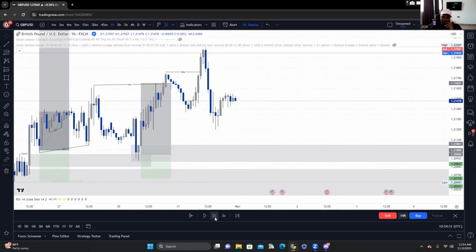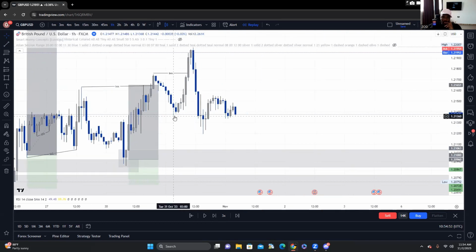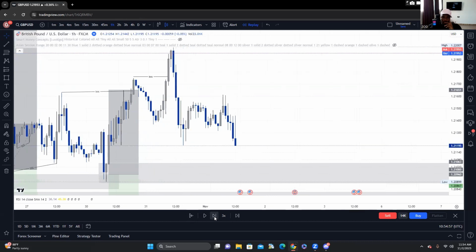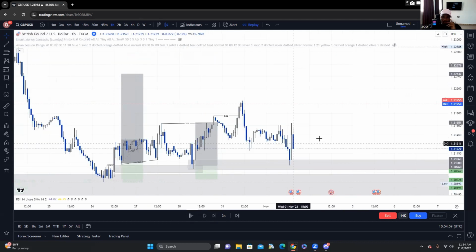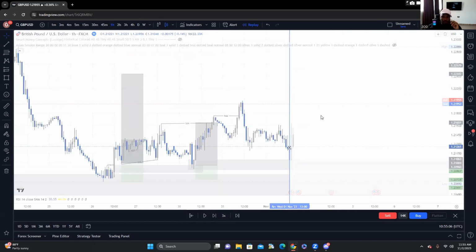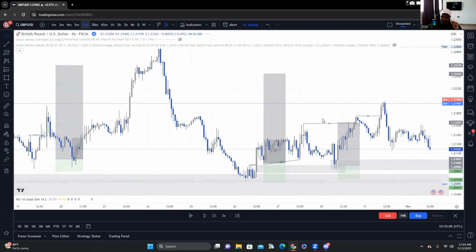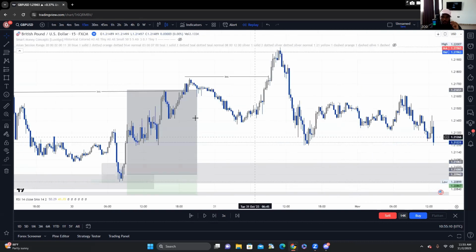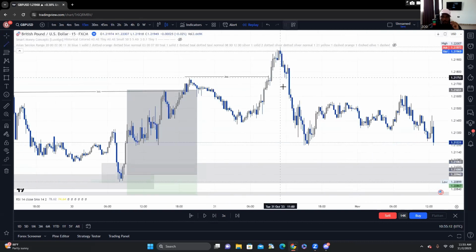So let's see what's up. So we have a change of character that happened here, right? Followed by a break of structure. And what happened? Bam. Let's step back a bit. Let's see what happened right here. So if we go on a 15-minute time frame, when this high took out this low, we now had a what?